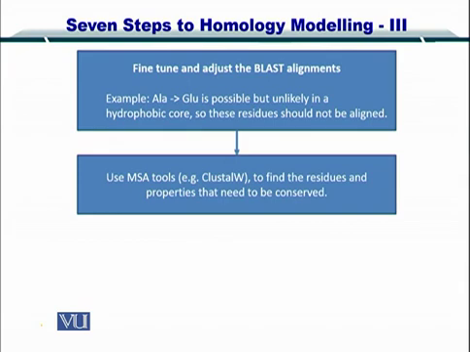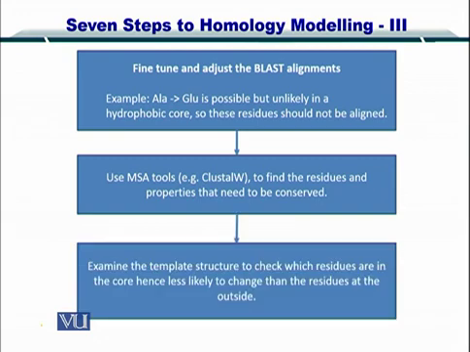So you can use multiple sequence alignment tools such as Clustal-W to find residues and properties that need to be conserved. So by looking at the conserved properties, you can make sure that amino acids that are giving rise to those properties are conserved and therefore not substituted.